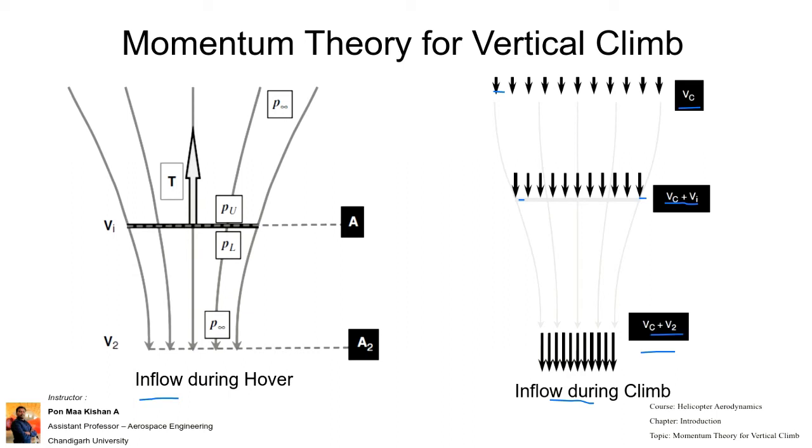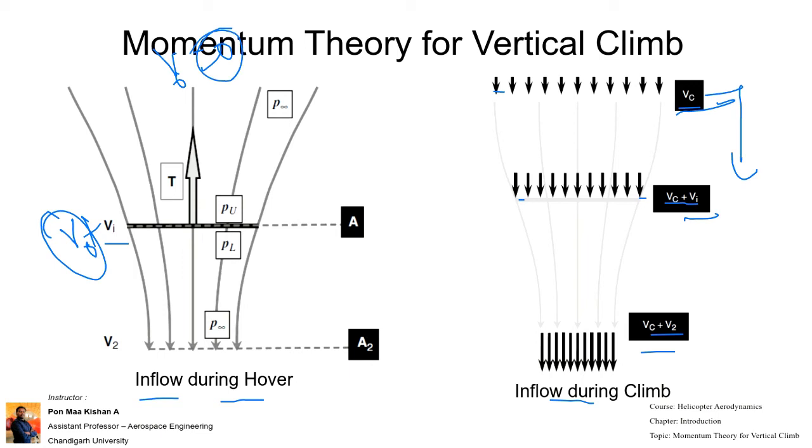So this is the difference between the condition for hovering and the climb. Here in hover we take VC equal to 0, and in climb we consider VC. Same at the rotor, the velocity will include the addition of VC. If I take V naught, there will be an addition of V naught, but we consider V naught as 0, since the helicopter is just hovering at a particular altitude.